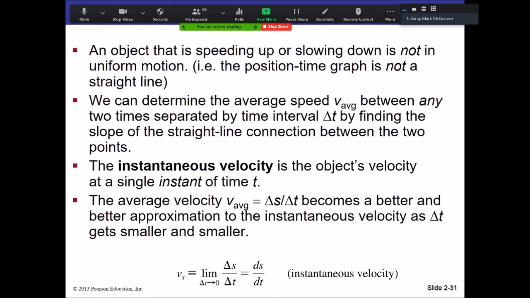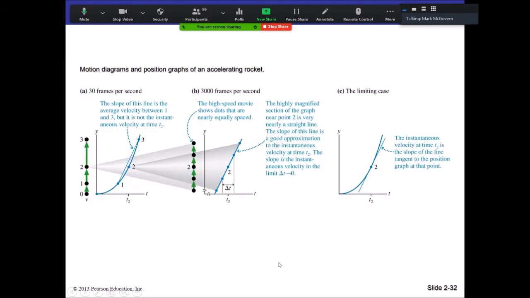If I choose 1 second as my interval, the answer is the same. If I choose 1/10 of a second, the answer is the same. So the idea behind this is that this limit turns this ratio into a derivative, dS/dt. So it's the derivative of position, which yields the velocity. And that is the relationship between the two things.